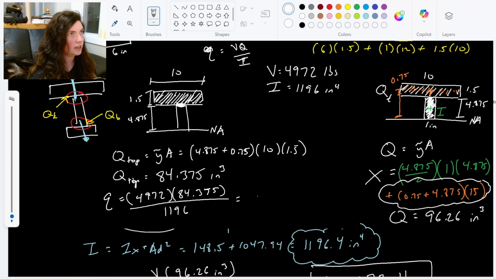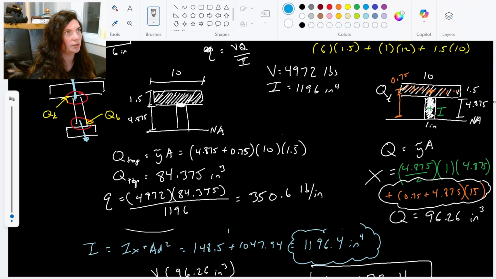Punch that in the calculator, and it spits out about 350 pounds per inch. Pounds per inch, right? We had pounds times inches cubed over inches to the 4th gives us the force per length, pounds per inch.